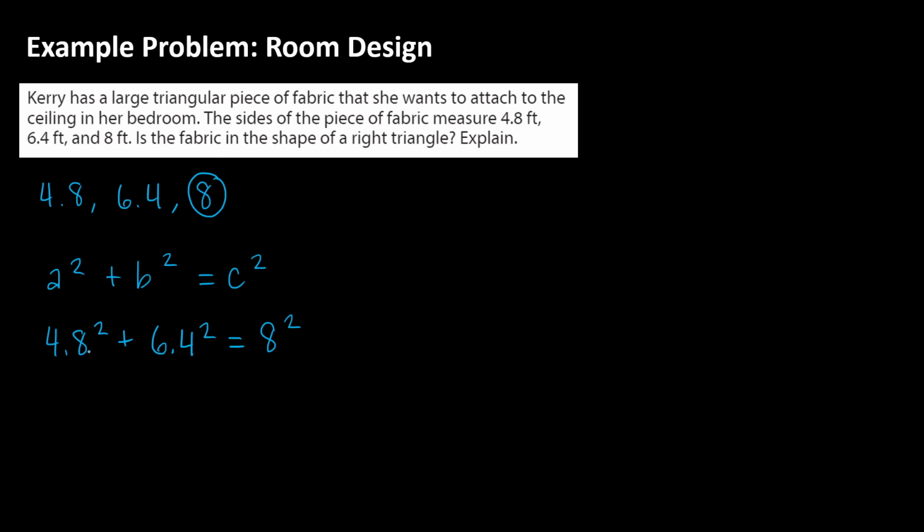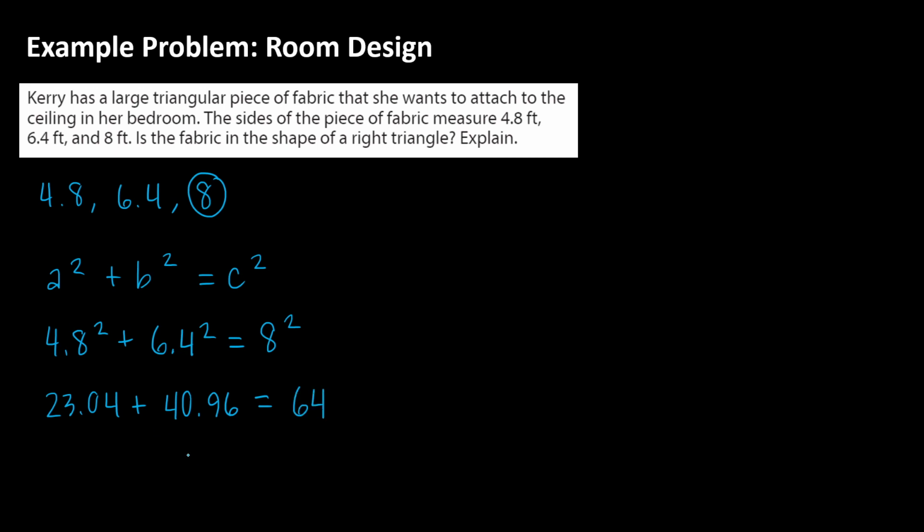So just carrying out the math, 4.8 squared is 23.04. 6.4 squared is 40.96. And 8 squared is 64.